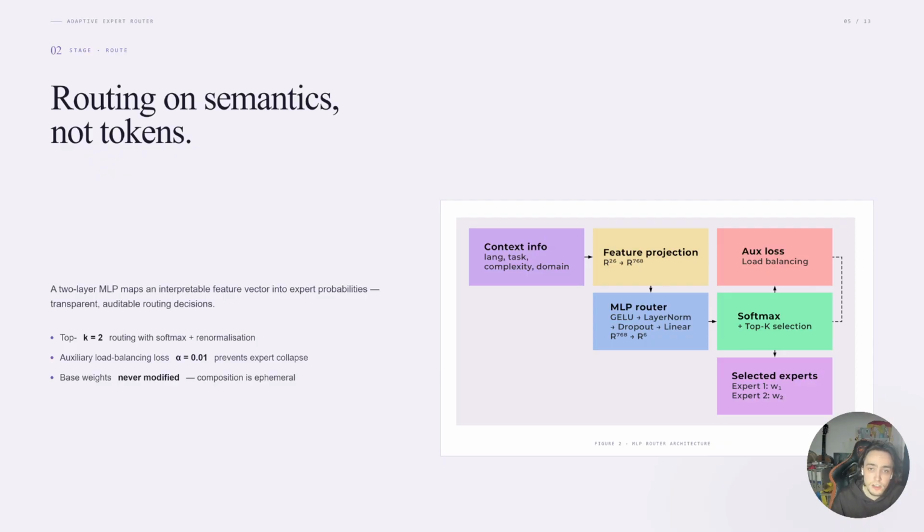Once the experts are selected, their LoRA matrices are merged through a simple weighted linear combination. And the composition is ephemeral. The base weights are never modified. We can recompute the merge for every new request in real time, something monolithic fine-tuned models and conventional mixture-of-experts architectures cannot do.